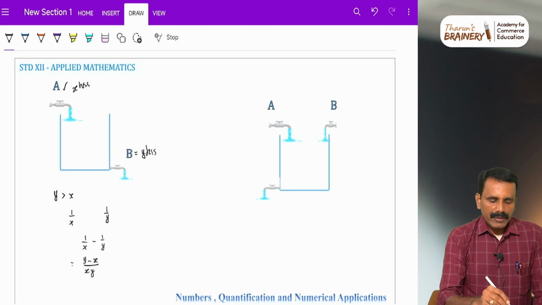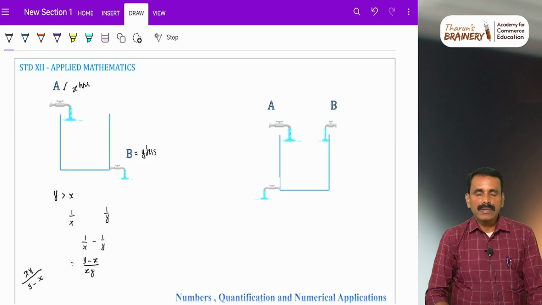So, the time taken to fill the tank will be XY divided by Y minus X.